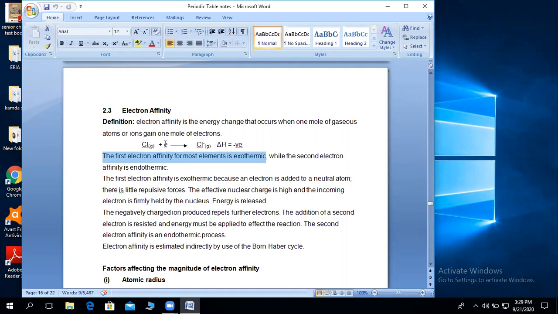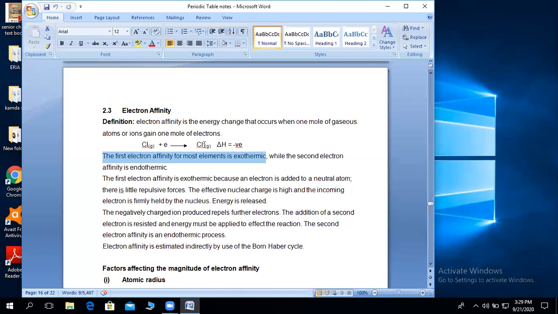With the first electron added, it is for first electron affinity. So first electron affinity, the electron is added to the gaseous atom to form a gaseous ion with a single negative charge, a single negatively charged ion. So this is first electron affinity.